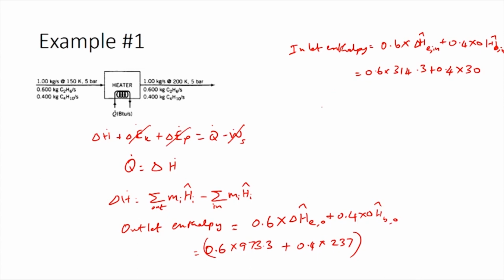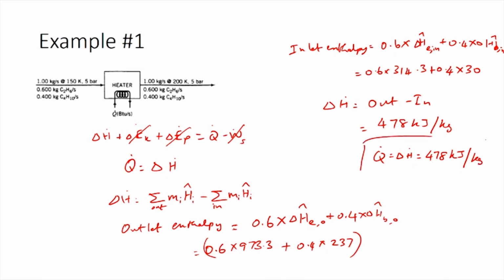The difference between the outlet and the inlet enthalpies will be ΔḢ, which would be outlet minus inlet, which is 478 kilojoules per kilogram. So, Q̇, which is equal to ΔḢ, would also be equal to 478 kilojoules per kilogram. This would be the amount of heat which needs to be supplied to the system.